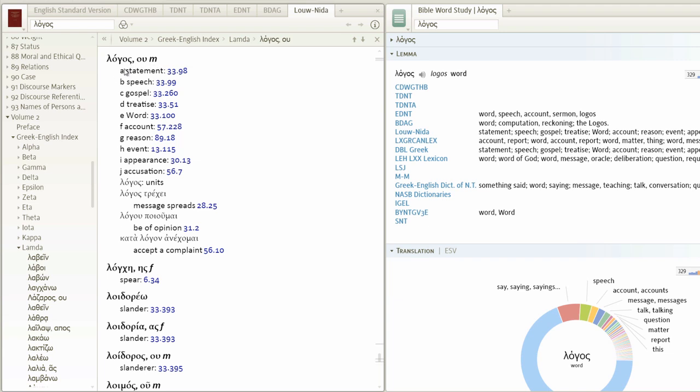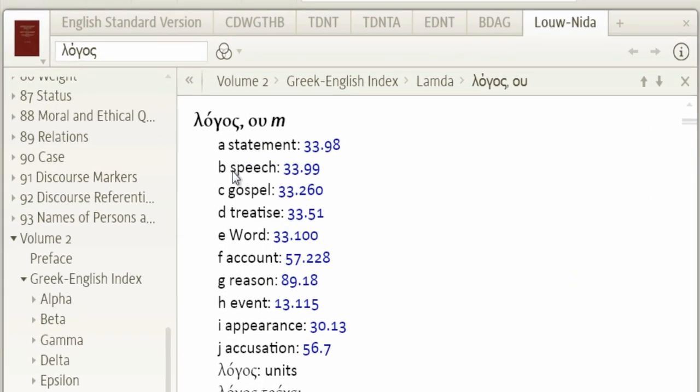And these different lines here represent the range of meaning that this Greek word logos has. And you'll notice there are numbers next to each of these meanings. And you'll notice that the first 5, A through E, all start with the number 33. So logos can mean statement, speech, gospel, treatise, word.